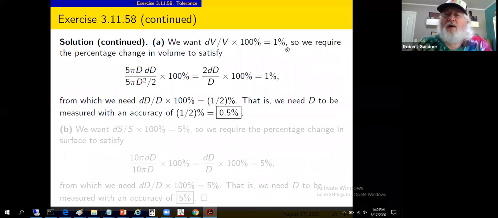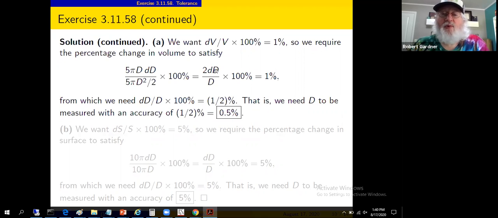Well, we had formulas for dV and V from the previous slide. Here are those two formulas. We've got a D in the numerator and a D squared in the denominator, so not everything cancels this time. I can cancel the 5 pi's. Take that 2, maybe put it in the numerator. So we're left with 2 dD over D. Forget the 2 for a second: dD over D times 100% is the percentage error in the measurement of the diameter D, and that's what they were asking about.